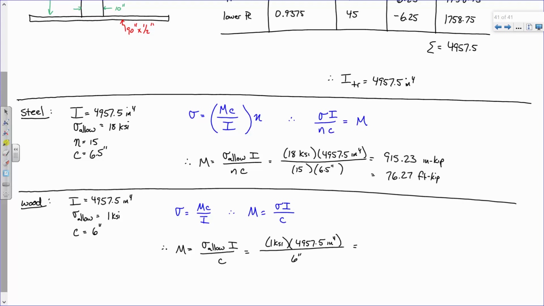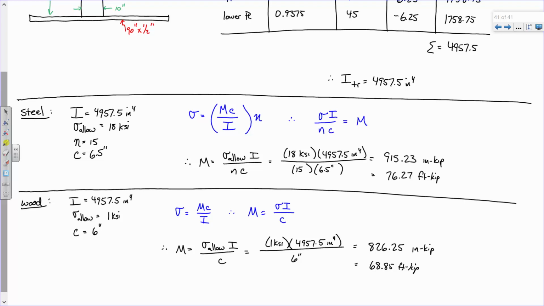And what does that come out to be? 826.25, and what are the units on that? Inch kips. So from a moment standpoint, converting that to moments, we take that and divide it by 12. So what do we get in terms of bending moment? 68.85 foot kips. So far, so good?